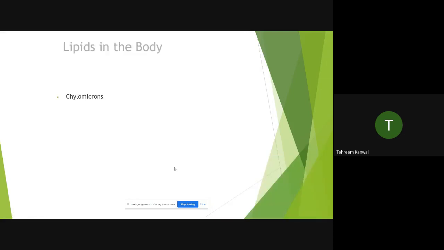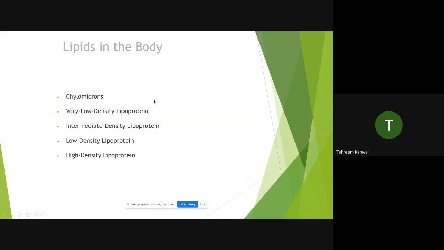Then lipids in the body. Okay, now how are these lipids transported in the body? The lipids in the body are transported in these five forms.